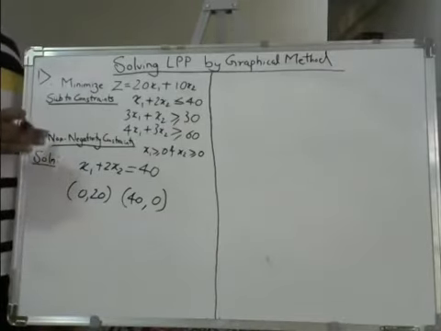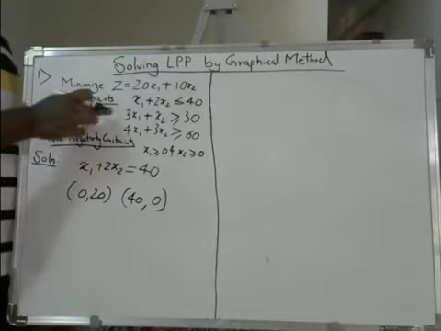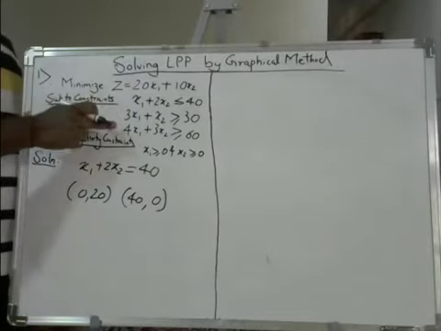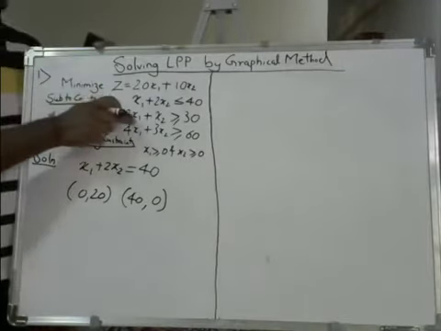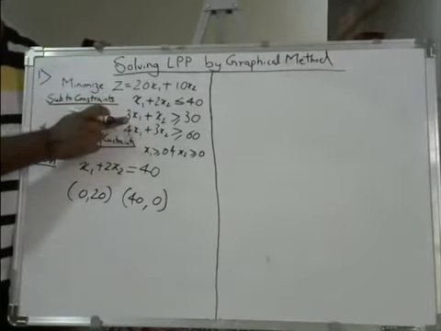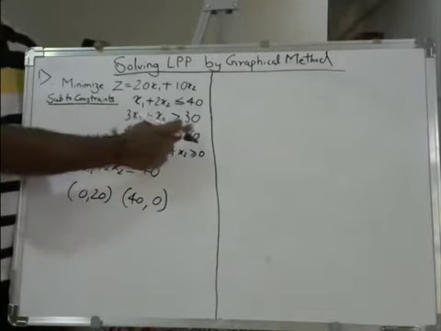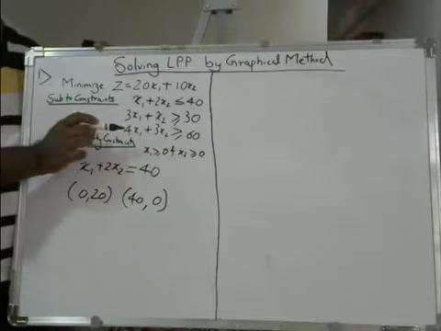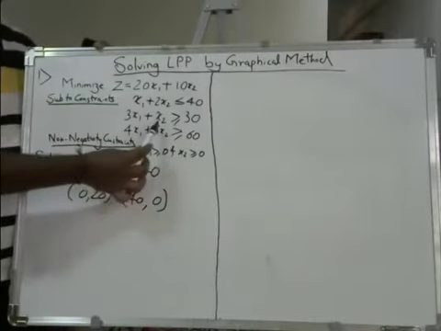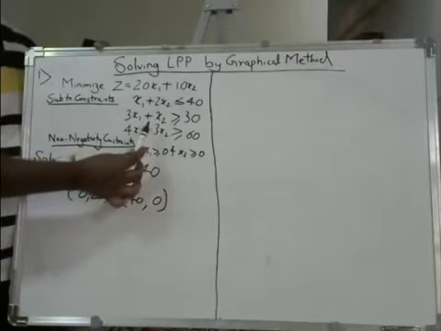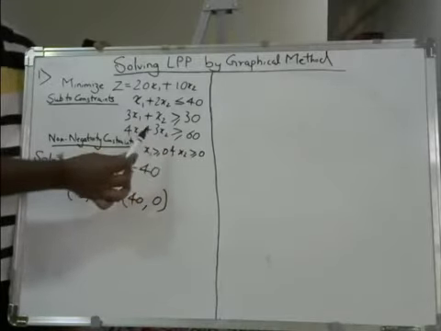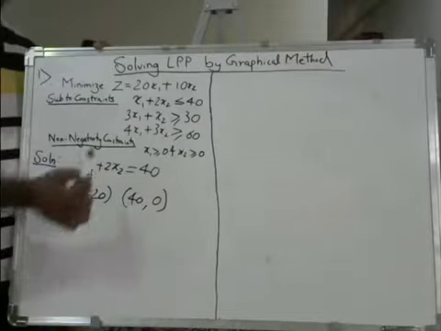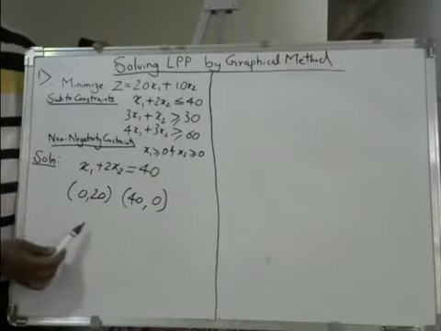Now these two coordinates are for this particular equation. Similarly, we have to do such an exercise for this equation and this equation. Here I will explain. If we put x1 as 0, x2 will be 30. Now if we put x2 as 0, x1 will be 30 divided by 3, that is 10. In this way we have to solve it and get the coordinates for each equation.